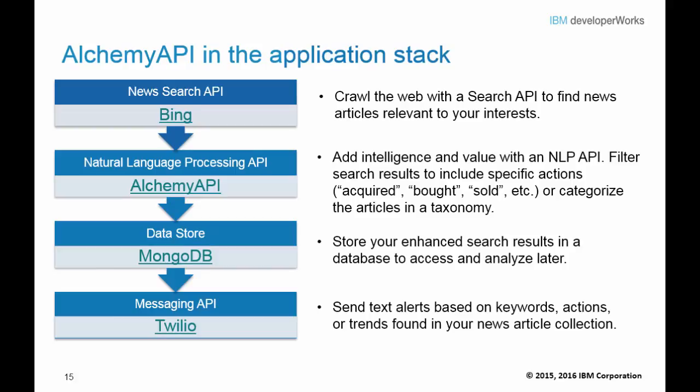Then store the results from the search in a NoSQL database like MongoDB to access and analyze at a later point. Later on, you can send text alerts using Twilio API based on keywords, trends, and actions found in the news article collection.